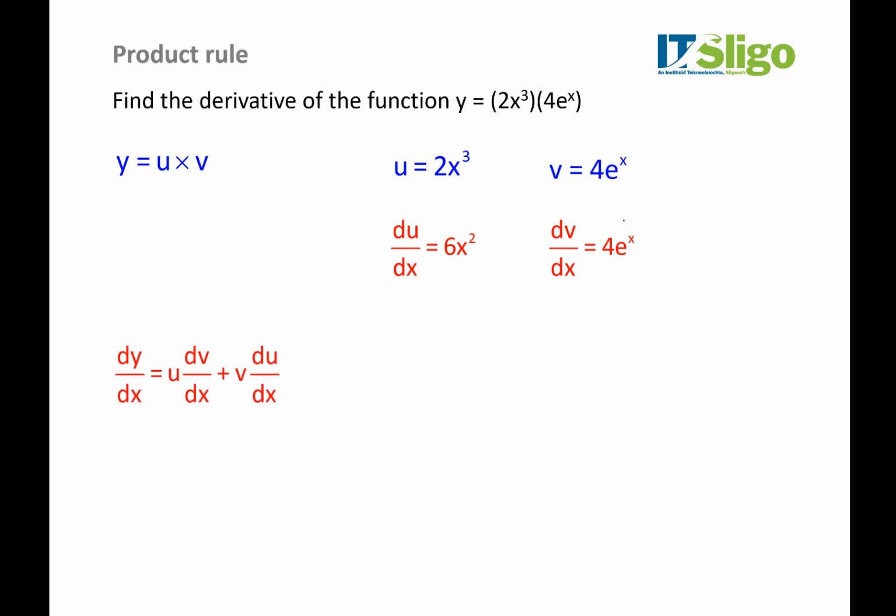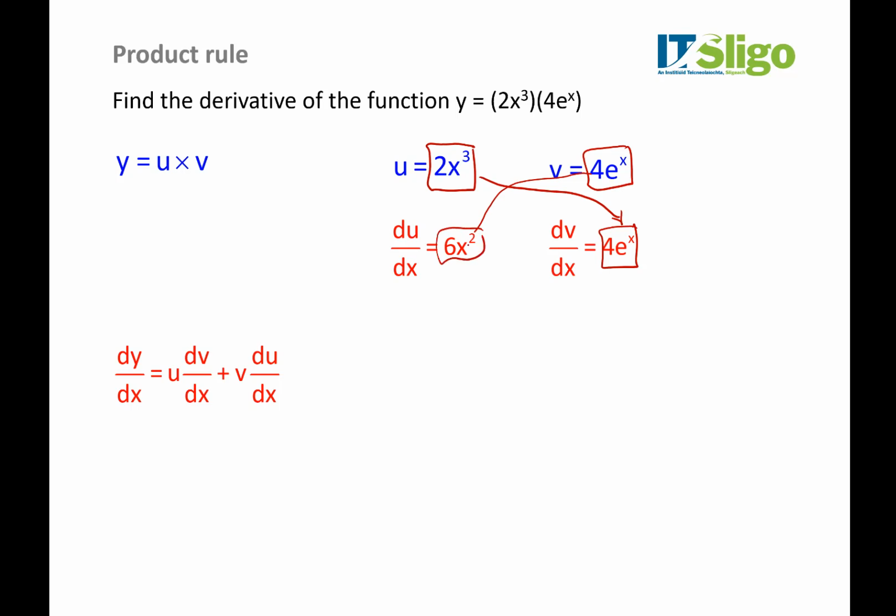So now we take a look at the rule. We have the 4 elements. So it's this bit, 2x cubed, u dv dx. So it's 2x cubed multiplied by that, plus v du dx.